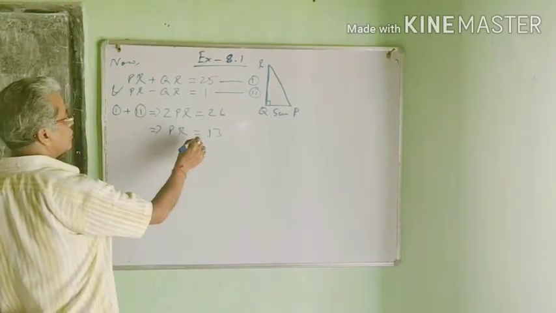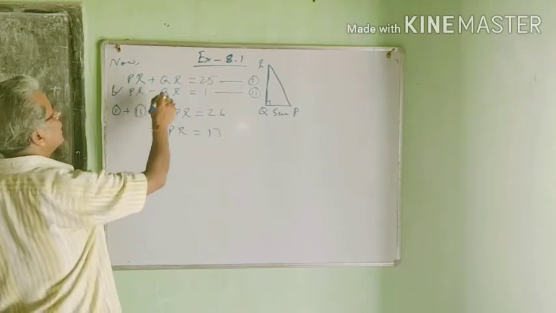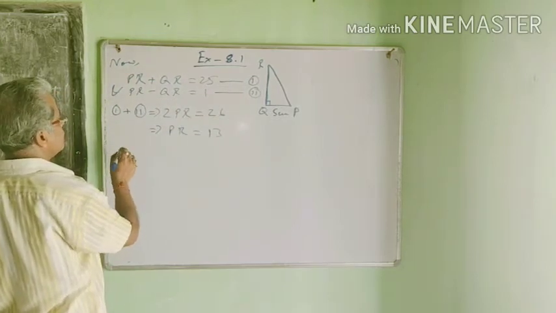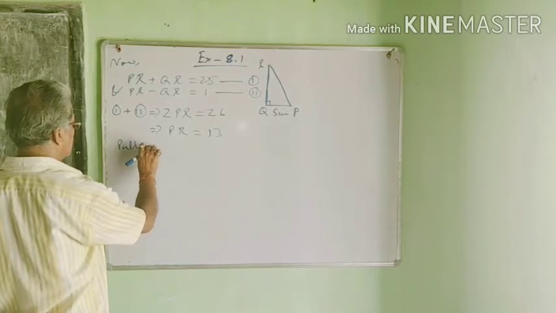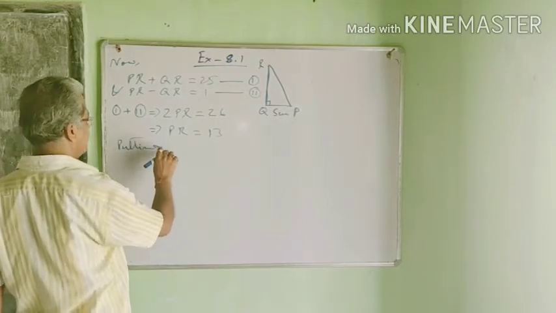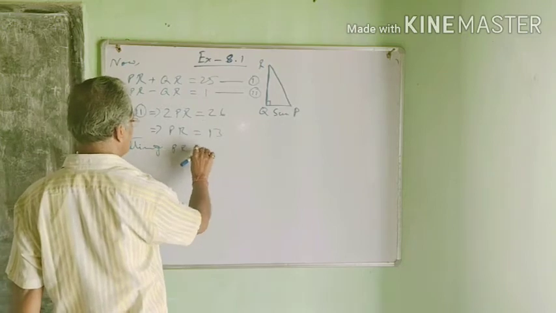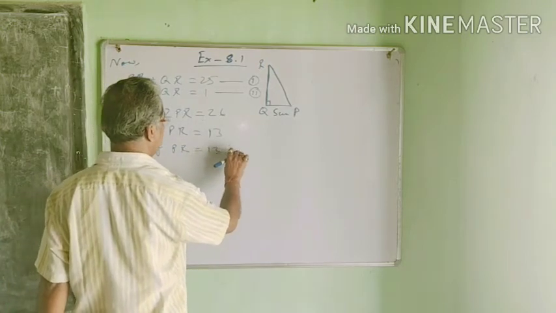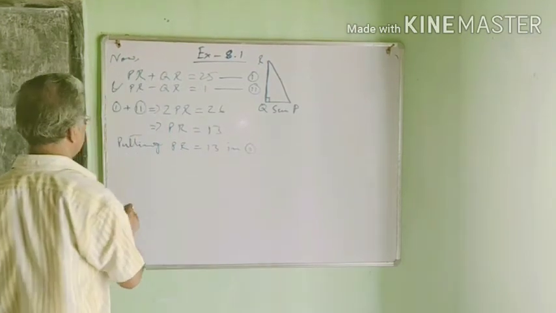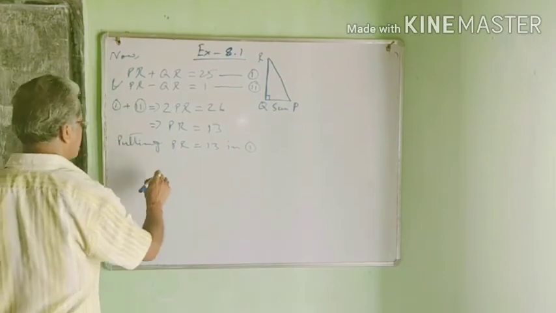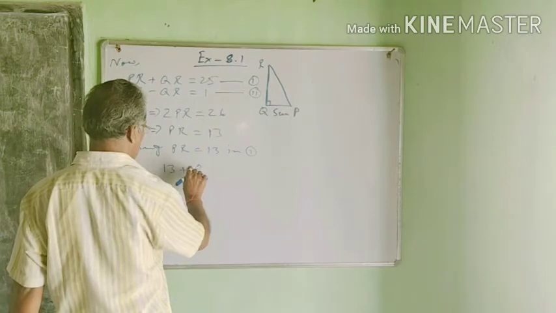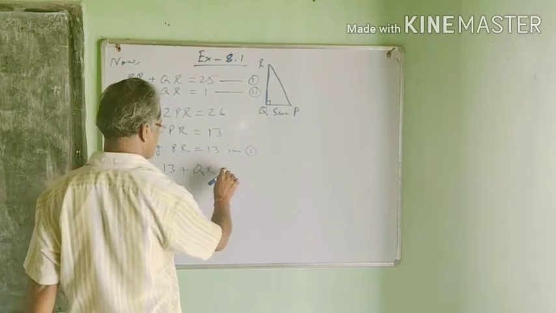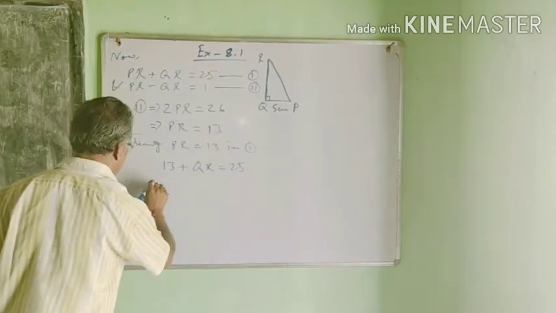Now if we put 13 for PR in any of the equations, putting PR is equal to 13 in equation number 1, say. So for PR we write 13 plus QR is equal to 25.